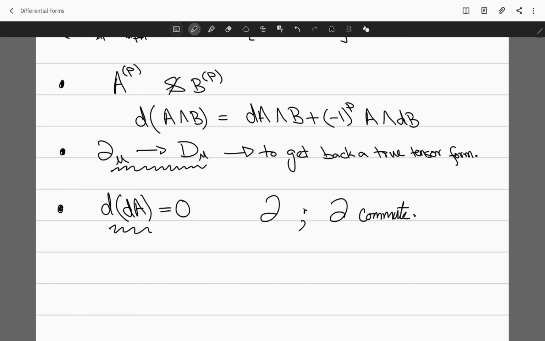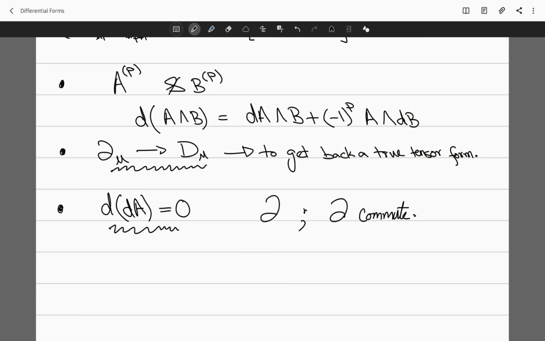So that's why this thing would end up being 0, the square of the exterior derivative. Now, this feature is actually one of the keys to how exterior calculus of differential forms leads to topological invariants, right? But then again, more on that in some other video, right?